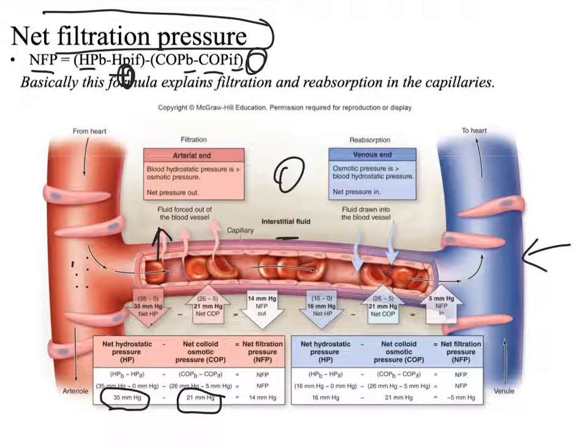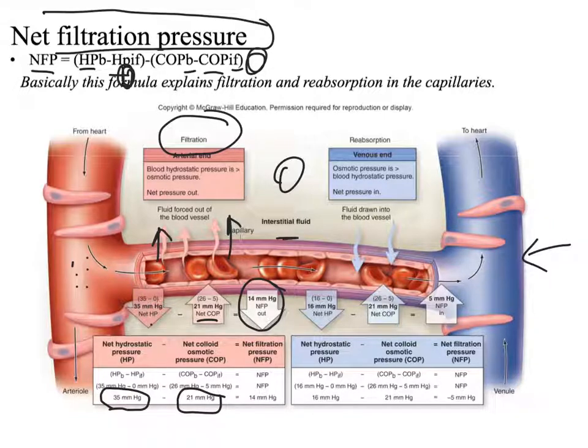So if we have 35 for the hydrostatic pressure and 21 for the colloid pressure, the net filtration pressure is a positive. That means that everything is going to go out, and that's filtration.